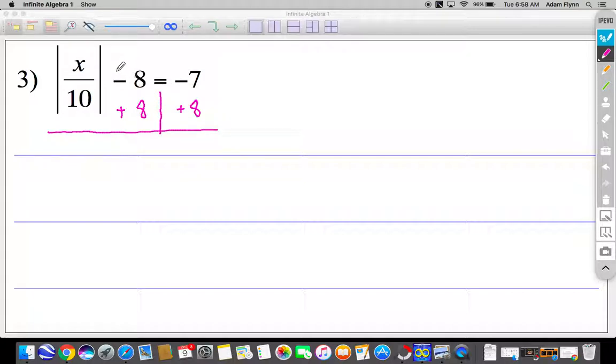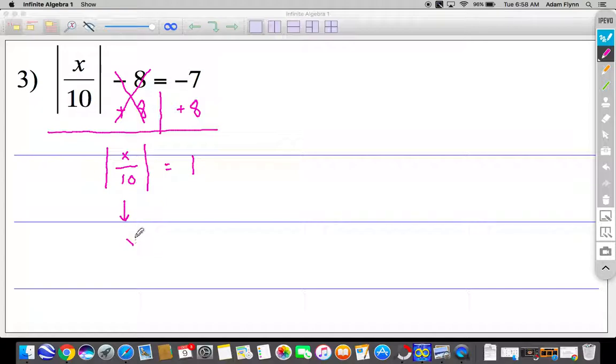So when I add 8, negative 8 plus 8 cancels out. So I'm left with the absolute value of x divided by 10 equals negative 7 plus 8. Well, negative 7 plus 8 is 1. So now that I have the absolute value portion by itself, I took care of the negative 8, I can split it up.